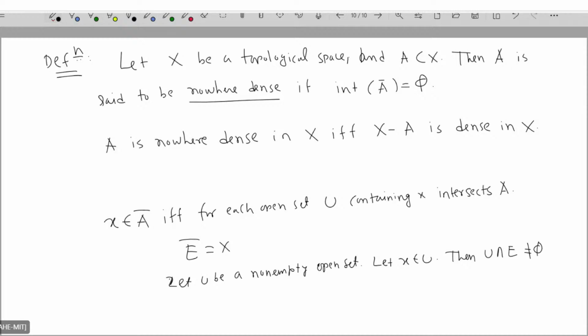So whatever open set U you consider, it will definitely intersect X minus A. Therefore, it cannot be in the interior of A closure.